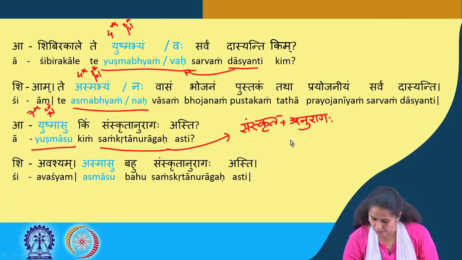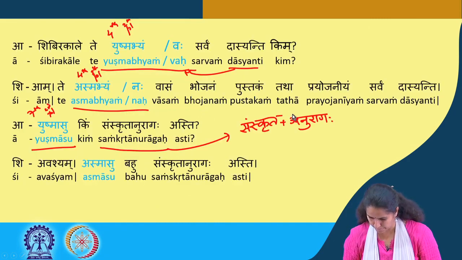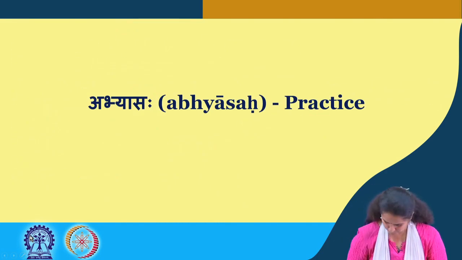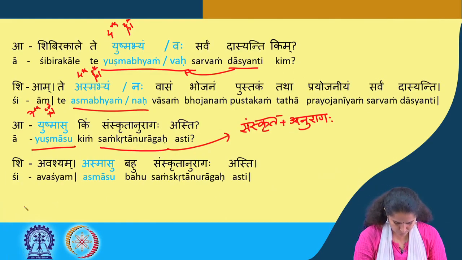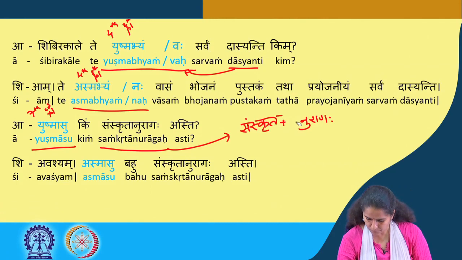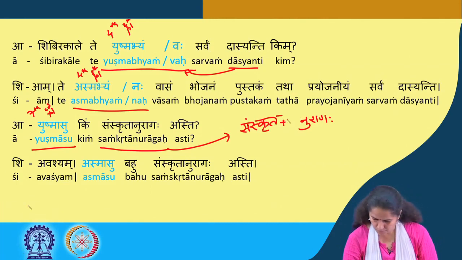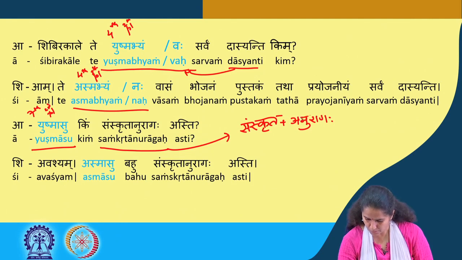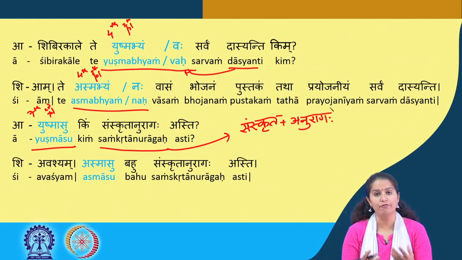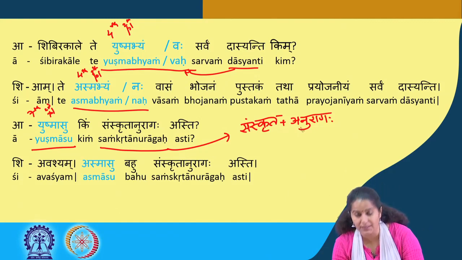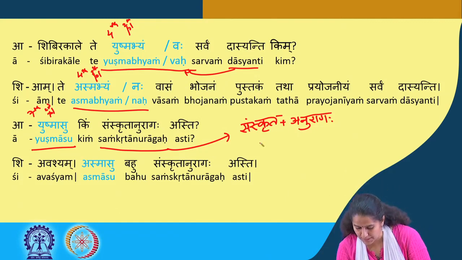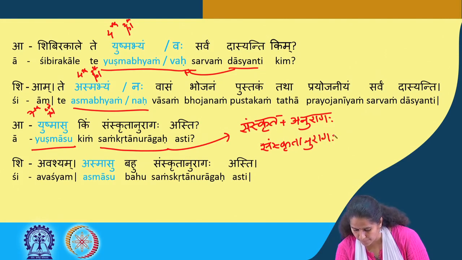I will just make this right for you because it was done in a hurry. Anuragaha means a love of, and Sanskrita plus Anuraga, the a makes it a long sound, so it becomes Samskritanuragaha. I'll just write that for you in the transliteration as well.